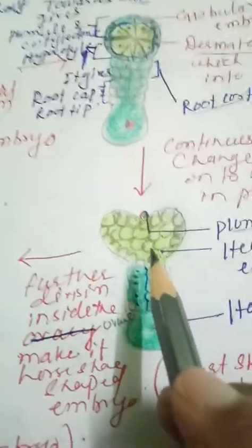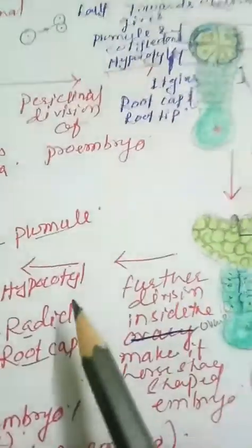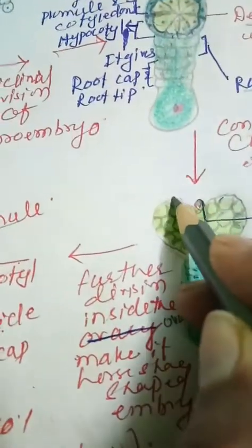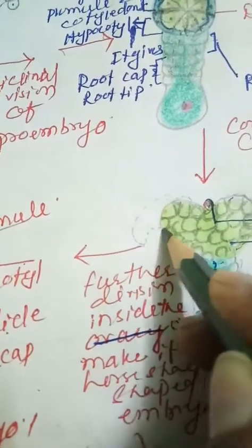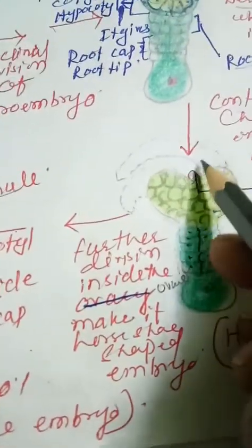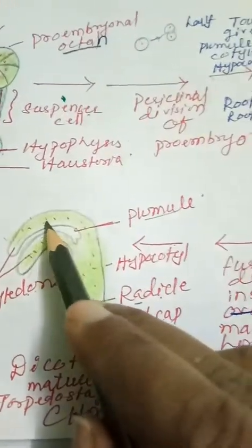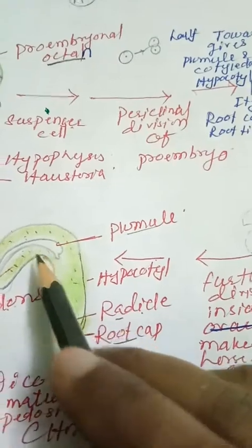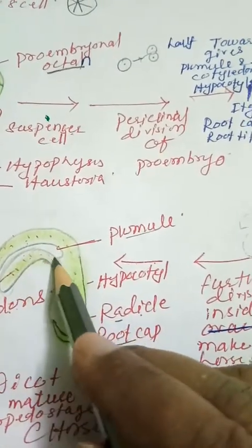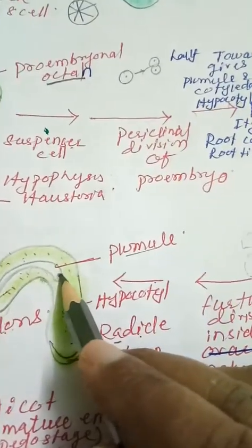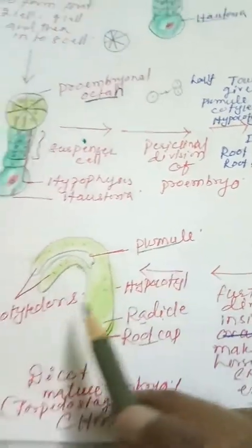Now division continues, and these two bulge structures continuously divide and form a horseshoe shaped structure. These bulge portions develop into horseshoe shaped structure, and in between this structure it gives plumule.